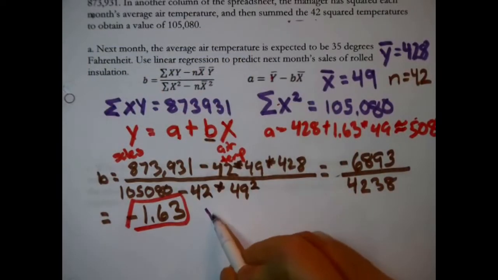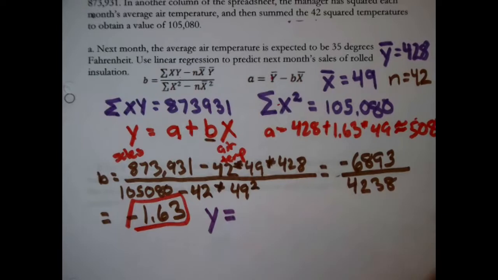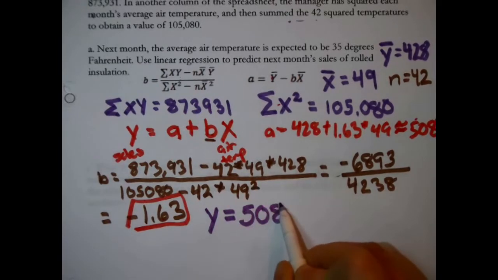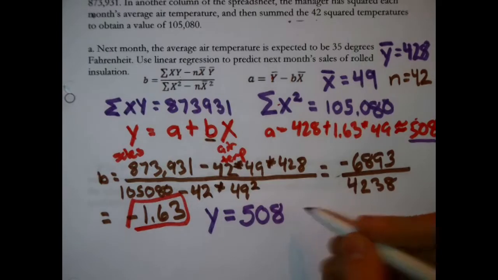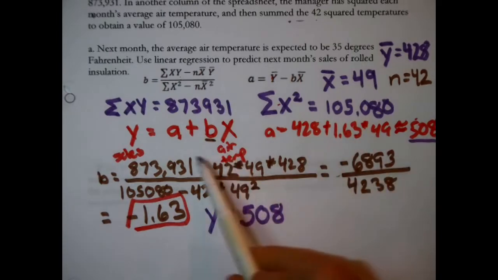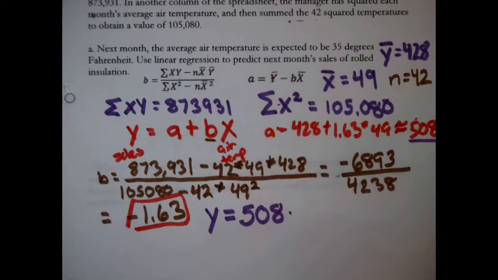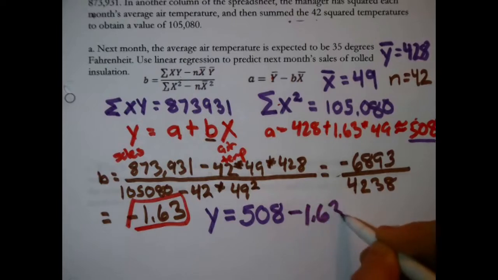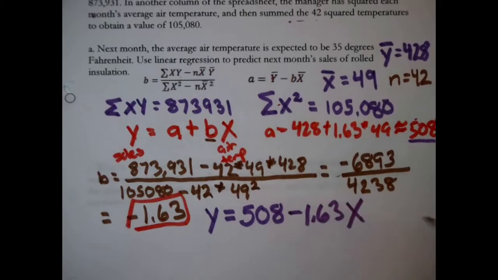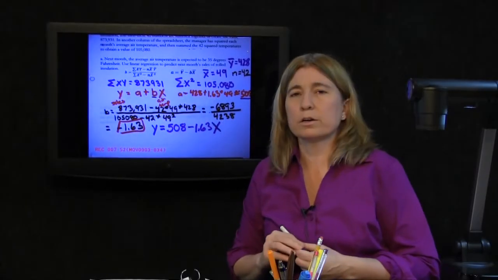We are thinking that sales, that's Y, can be estimated by 508, my A, plus B, except B itself is negative, so minus 1.63 times X. The only thing that's missing here is X, the air temperature.